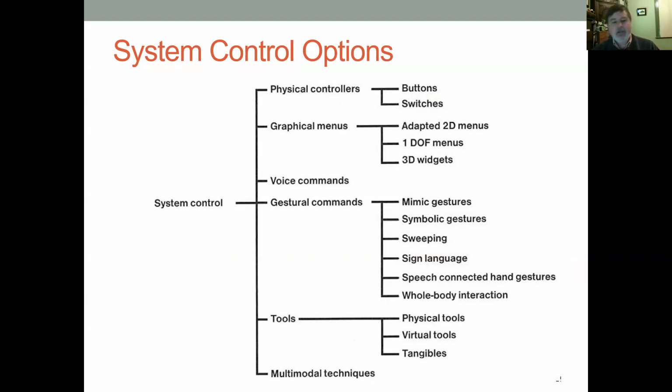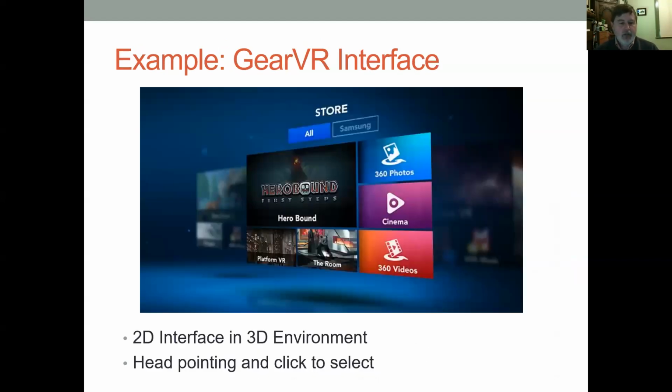You can combine these. So here's a good example of the current state-of-the-art menuing system. The Gear VR, same as the Steam Home or the Microsoft Home. A lot of times they put this within a 3D environment to help you orient yourself.